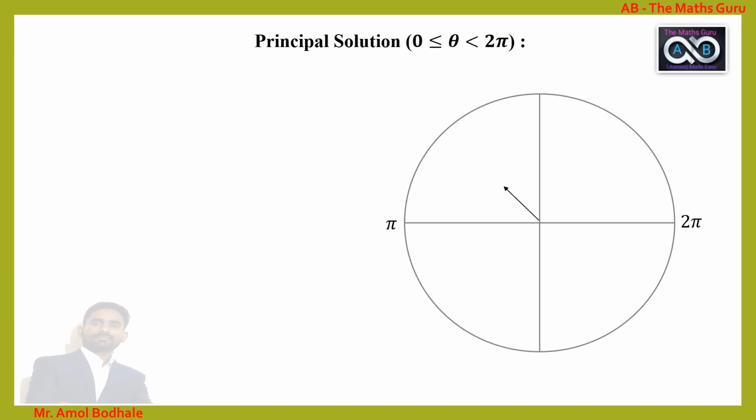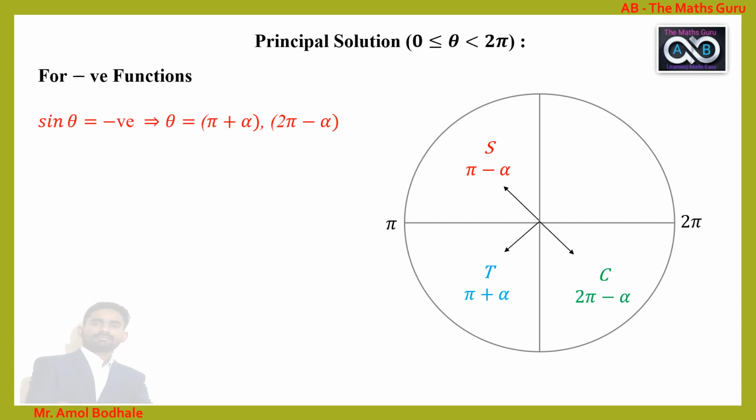So the angle in the second quadrant can be written as pi minus alpha, the angle in the third quadrant can be written as pi plus alpha, and the angle in the fourth quadrant can be written as 2 pi minus alpha.